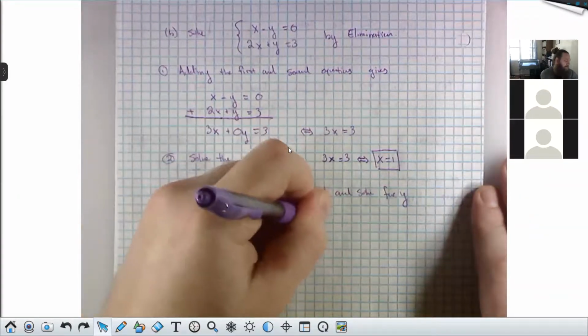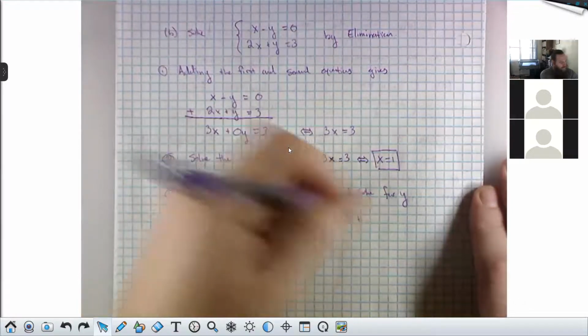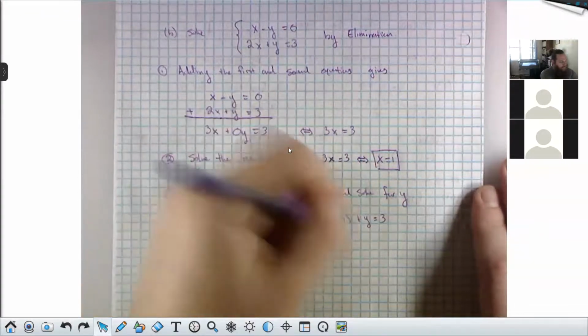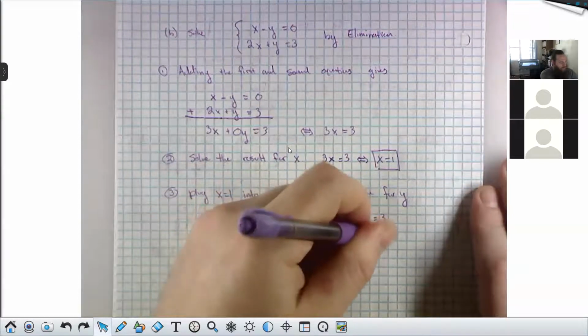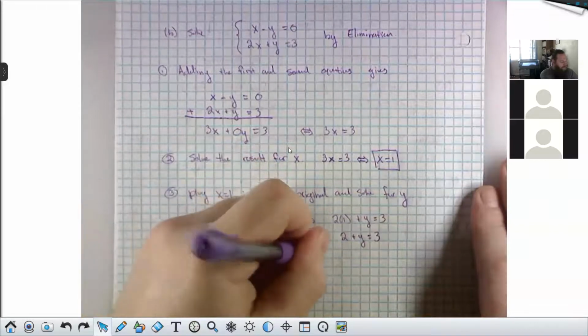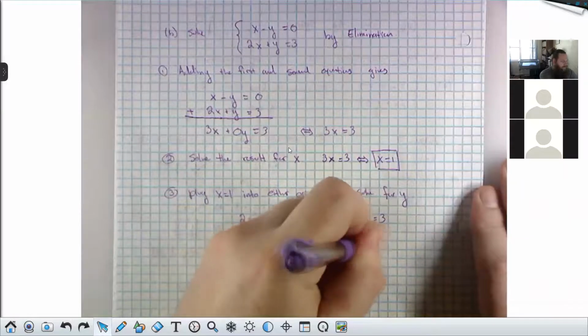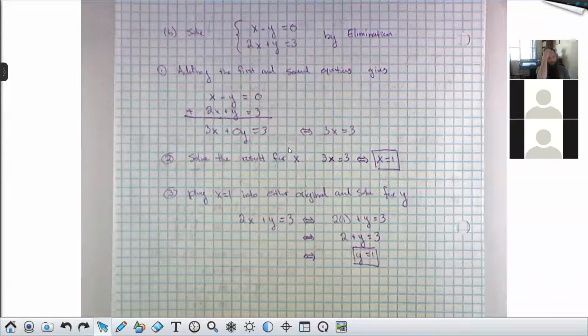If I plug in x equals 1, I get 2 times 1 plus y equals 3, which is the same as saying 2 plus y equals 3. And then subtracting 2 from both sides, we get y equals 1. So elimination much faster. And really the important step is this one.